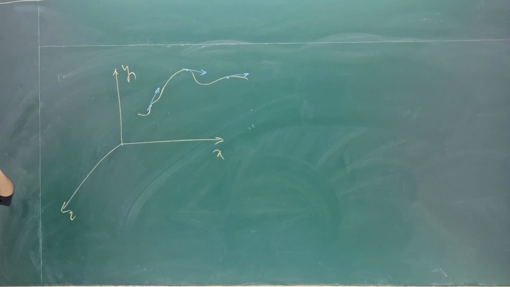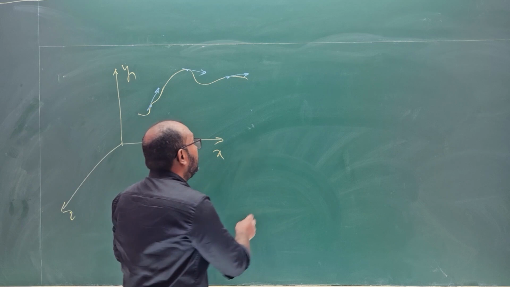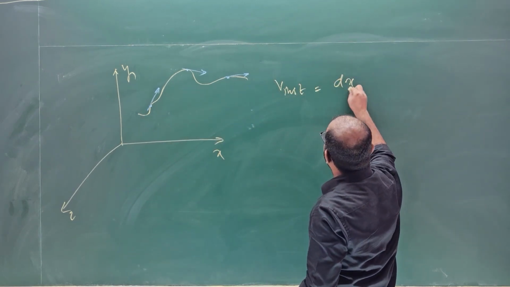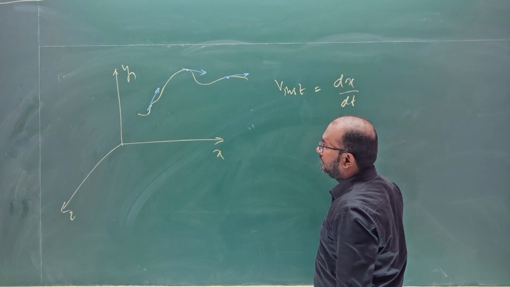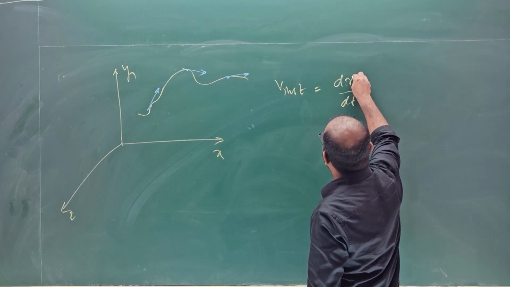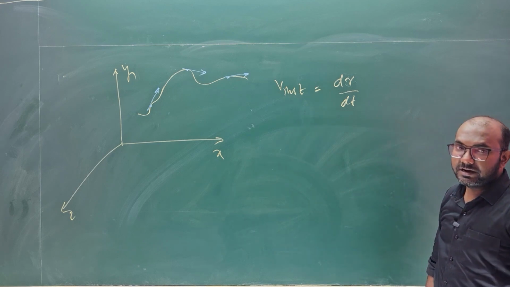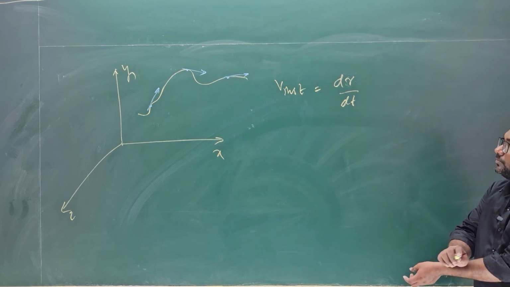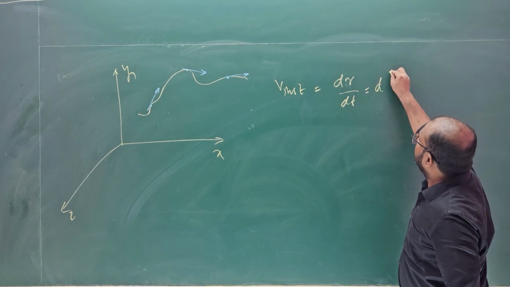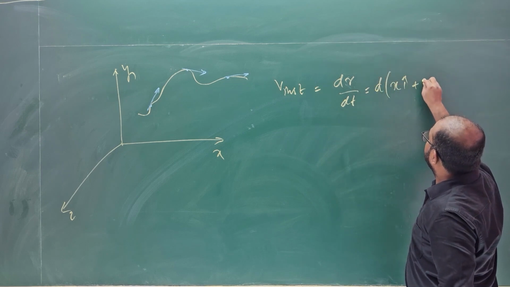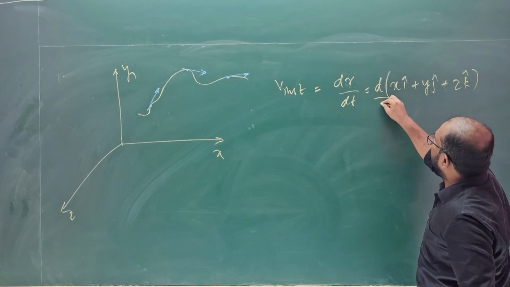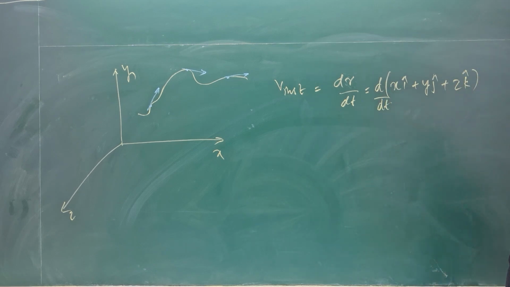Now what is instantaneous velocity? We just found instantaneous velocity can be written as dx upon dt, yes or no? And this x can be written in terms of dr, if the body is traveling in all three axes, then position. Now this can also be written as (x i cap plus y j cap plus z k cap) upon dt.